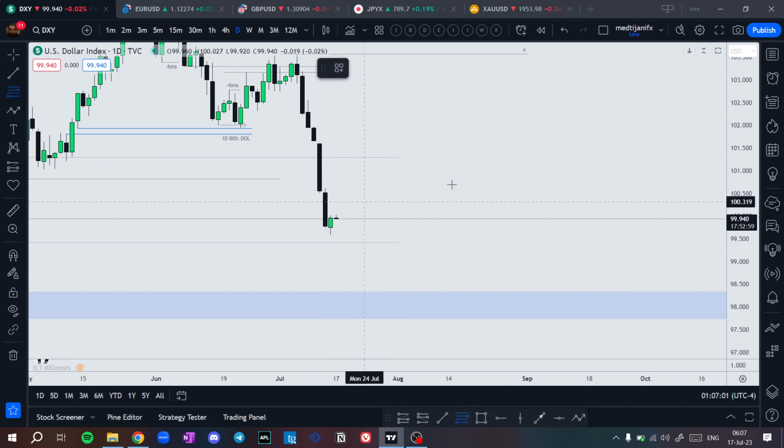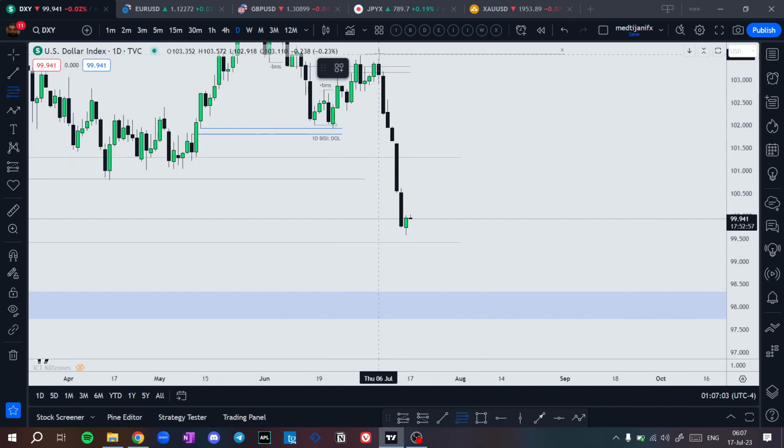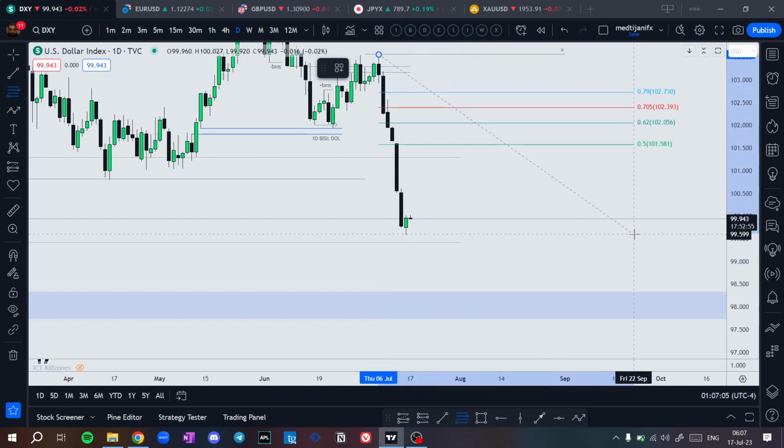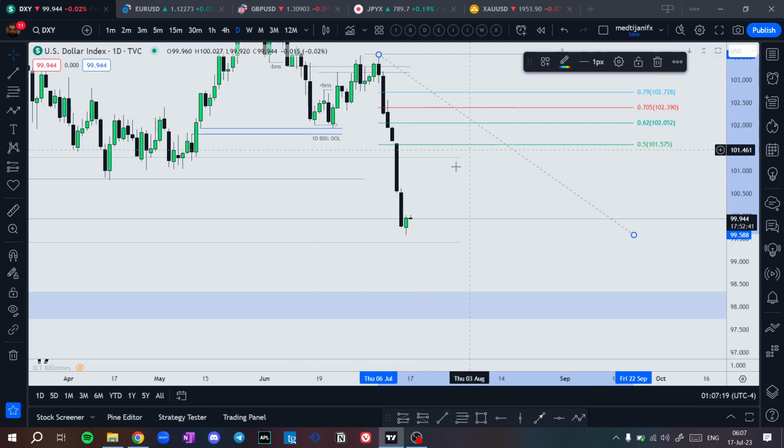I'm gonna draw my Fibonacci level at this time from this high to this low, and I'm gonna wait for price to continue higher to premium. But Monday at least should close as a strong bullish candle, confirming that price is retracing higher.